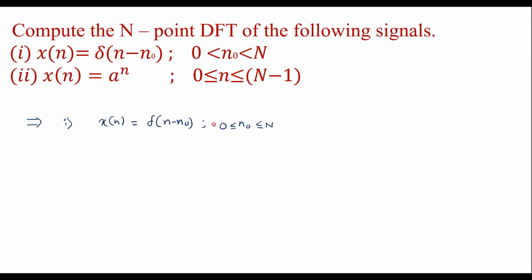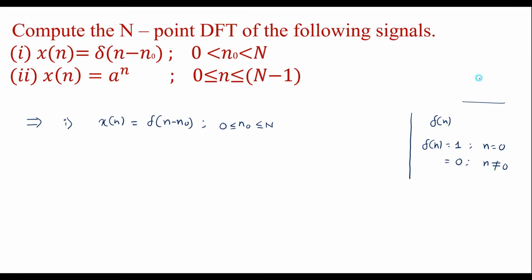So before computation, let me explain what delta(n) is. Delta(n) is a delta function, also known as the impulse signal. It is defined such that delta(n) is 1 for n equal to 0, and 0 for n not equal to 0. It means that it is defined only for n equal to 0.